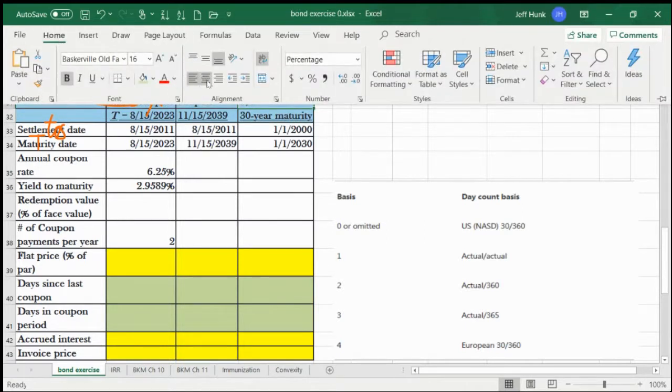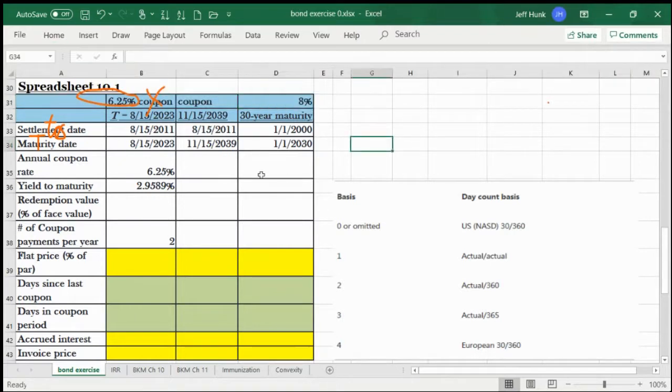But numbers are right aligned. For time maturity, you don't have to verbally explain it. Maturity date, we know that's the maturity.